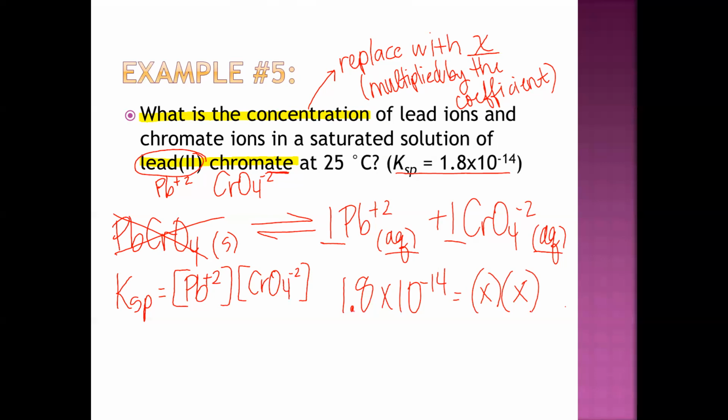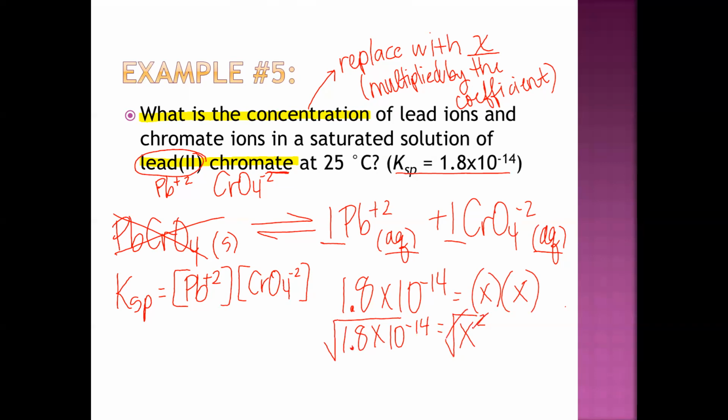So that means that when we get the answer, the concentrations for both of them are going to be the same number because it's a 1-to-1 ratio. Okay. So now, to simplify, we got 1.8 times 10 to the negative 14, and that's really X squared, right? So how are we going to get X by itself? Take a square root. Yep, you thought you were done with math. Okay, we'll start out with math today. Sorry. So square root to get rid of the square.